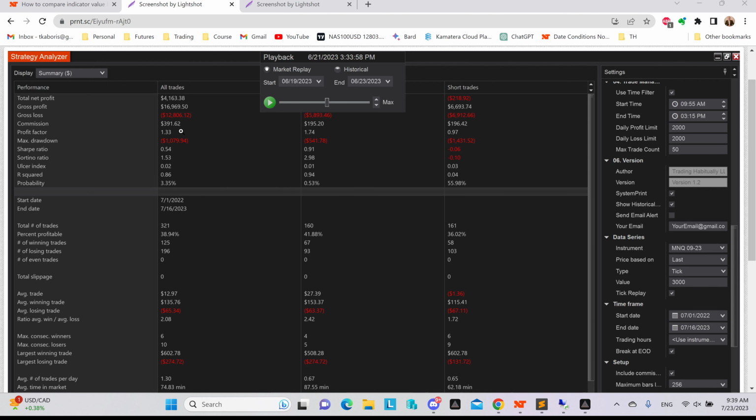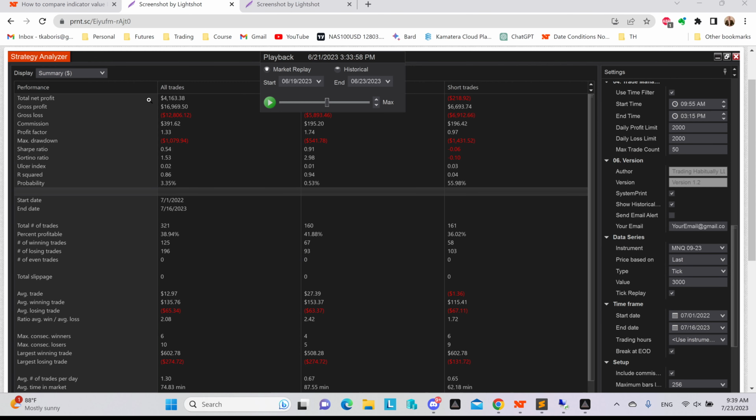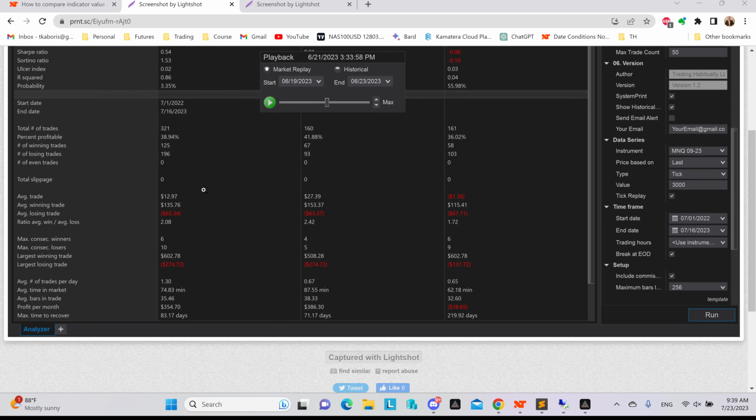Here are some interesting thoughts. As you see, the percent profitable is only 40%. But the average losing trade is $65 and the average winning trade is $135.